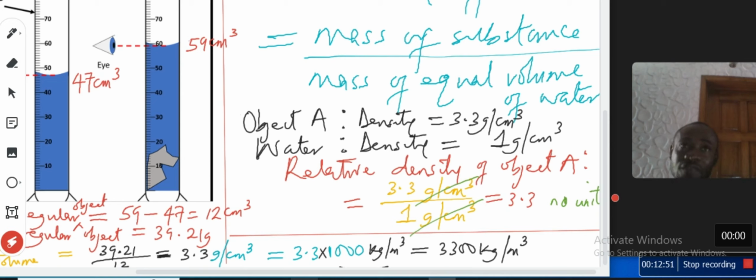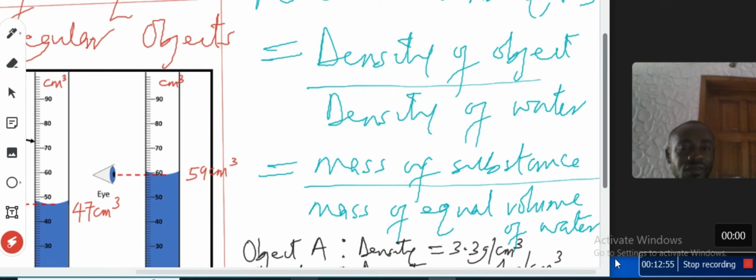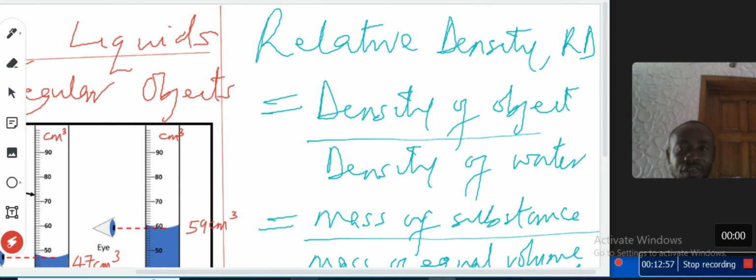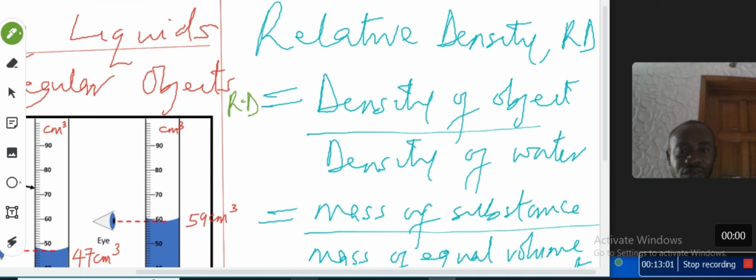So from relative density, you can find the density of the substance. Look at this formula. If relative density is density of object over density of water, how do you find density of the object? Is it not just cross multiply?